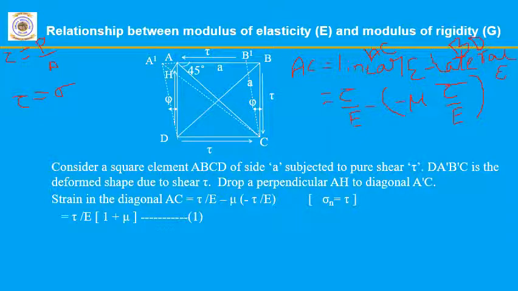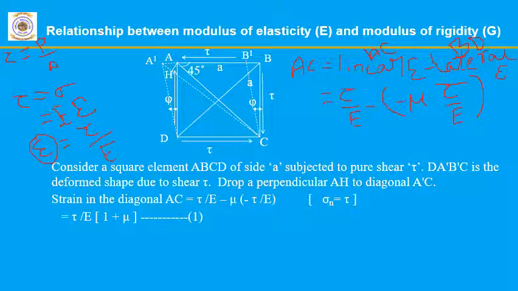So sigma can be written as Young's modulus into epsilon. Therefore, epsilon is equal to tau by E. So this is the linear strain.